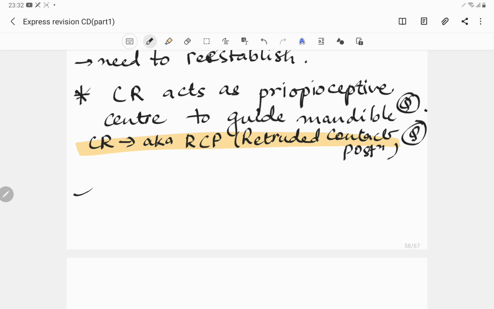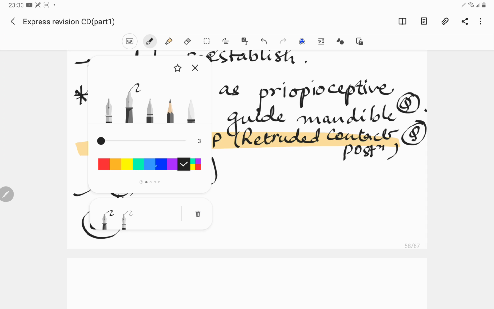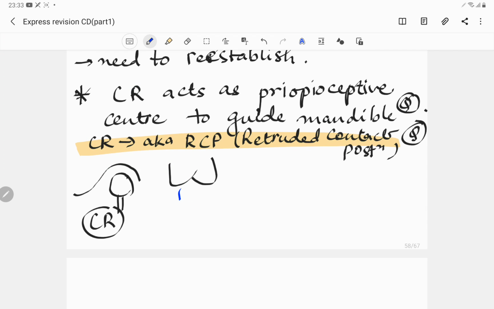When we are talking about the maxillary teeth contacting well, that is centric occlusion or maximum intercuspation, right? So centric relation is bone to bone contact, centric occlusion is teeth to teeth contact. So this is the difference.